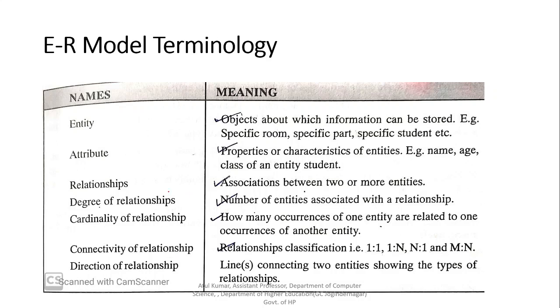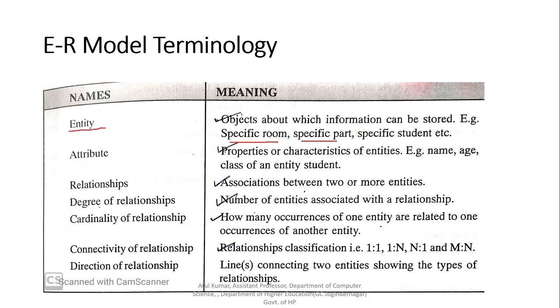Next we have different terminology in ER model. The first is entity. An entity is an object in the real world that is distinguished from other objects. Examples of entities are a specific room, a specific part, a person. The next important terminology is attribute.